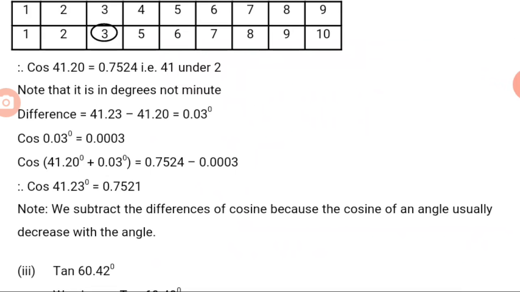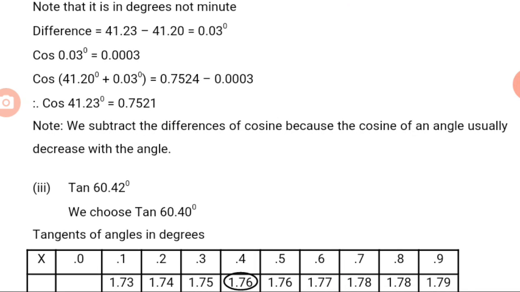Note that we subtract the differences of cosine because the cosine of an angle usually decreases as the angle increases. If you check the four-figure table very well, as the angle is increasing, the value will be decreasing. So that is why cos 41.23 degrees will give us 0.7521. Can we move forward?